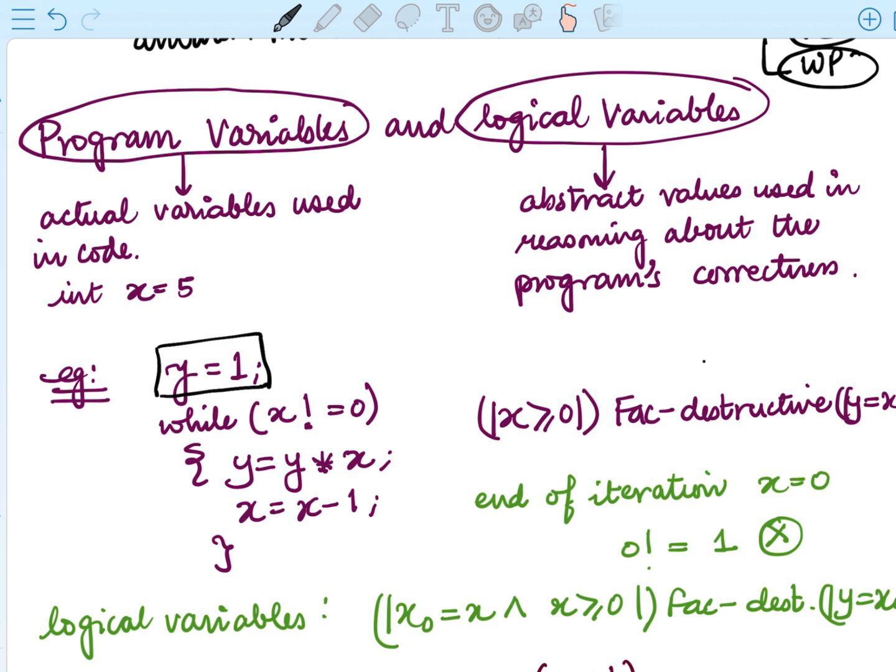If you say suppose z is equal to 0, you are assigning this value. This can be seen in the code. Whereas there are other types of variables as well, which are known as abstract values. These are used in reasoning about the program's correctness. So these are not present physically in the program, but they play a very important role. And let me tell you how.